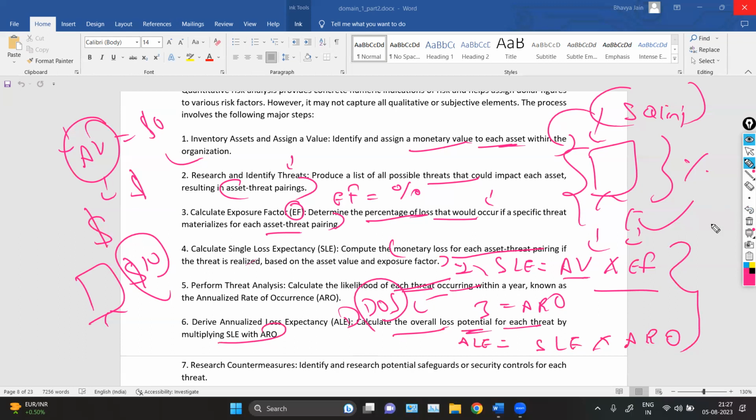Let's say the asset value AV is $10, and EF, the percentage of loss, is let's say 5%. Then you can calculate this using a calculator.